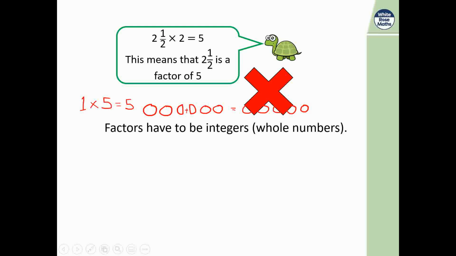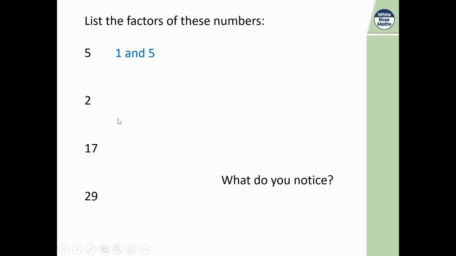5 is what's called a prime number, which means you can only divide itself and 1 into it. So 1 and 5. Now I mentioned something about this. These are called prime numbers. So for 2, what are the factors? 1 and 2.